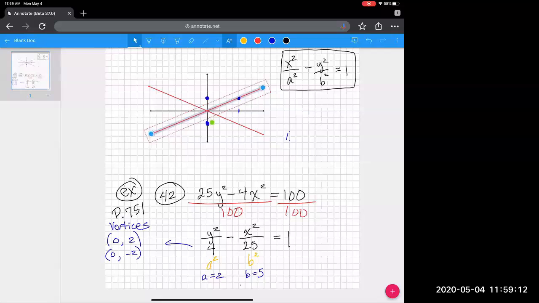All right. So in this case, I'm setting it up so that my b value is here, is 5, and my a value here is 2.